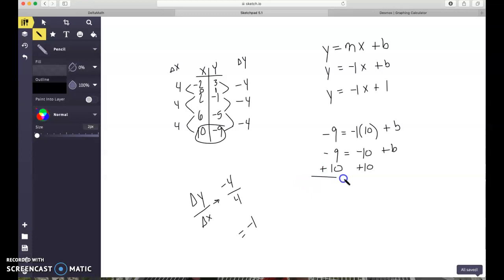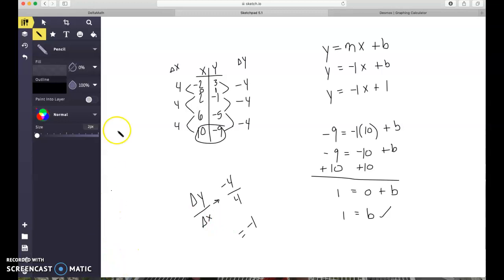So it's my addition property of equality here. -9 plus 10 is 1. -10 plus 10 is 0, and I like to write that because that's my self-check along the way. Then 0 plus b is just b. So I found it a second way: 1 equals b. You don't have to do it both ways, but you certainly can. Pick which way you feel more comfortable with.